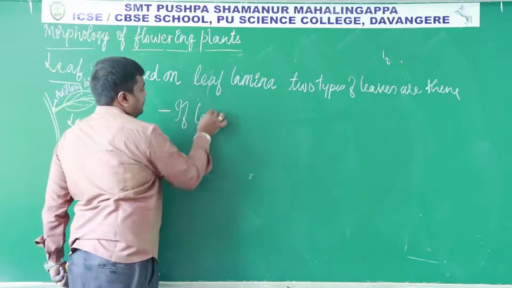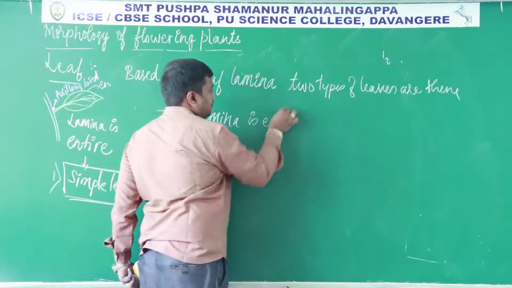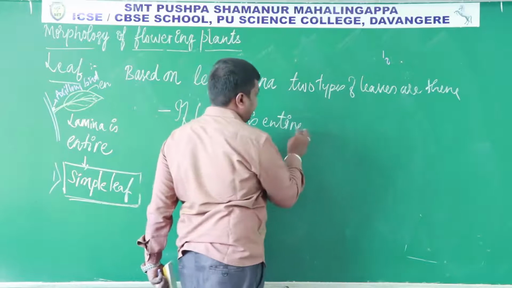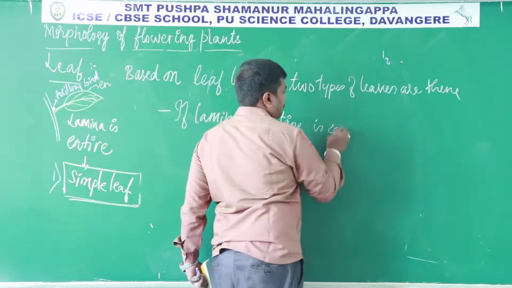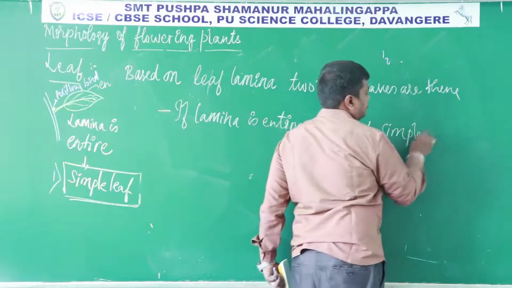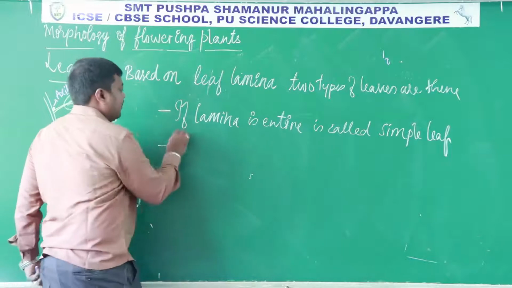If lamina is entire, it is called simple leaf. Okay.